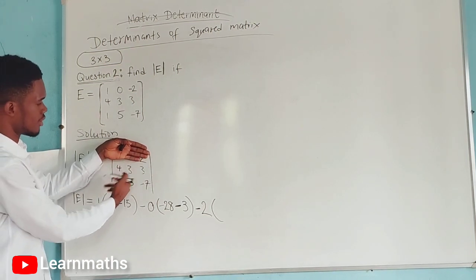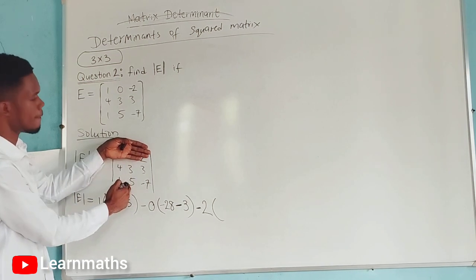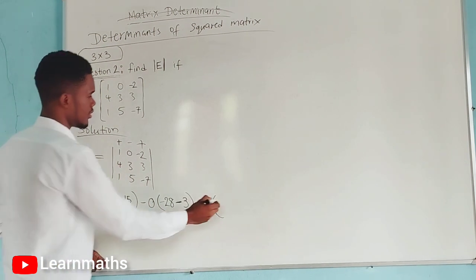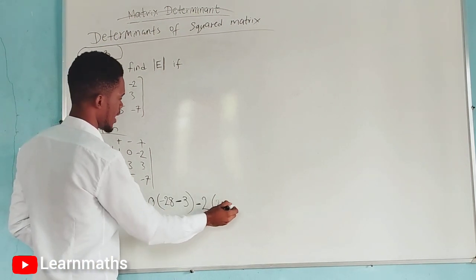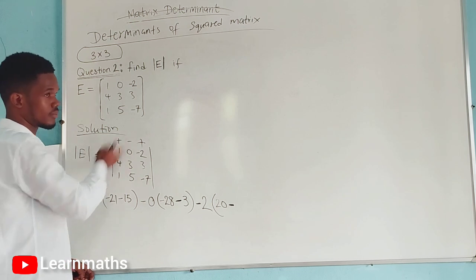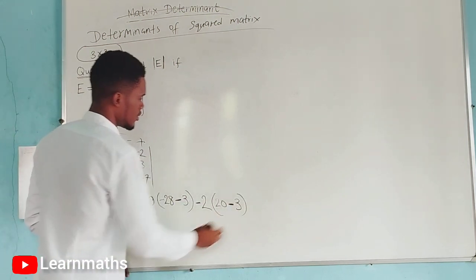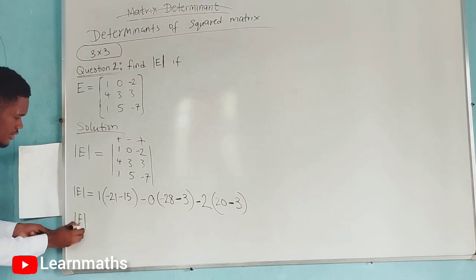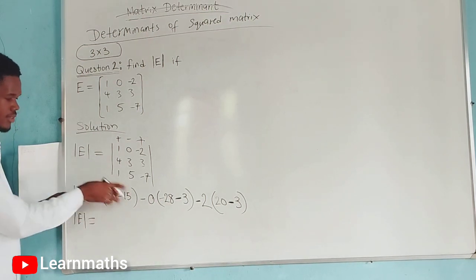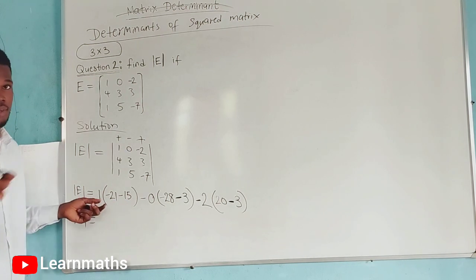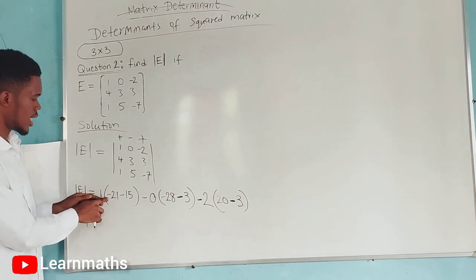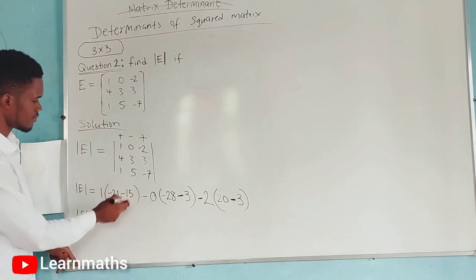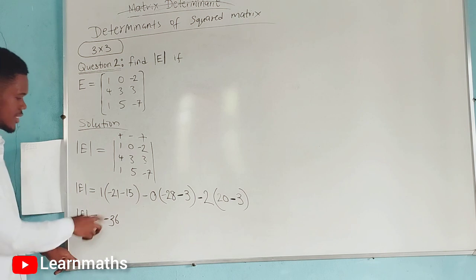So the determinant of 4, 3, 1, 5 is 4 times 5 minus 1 times 3. 4 times 5 is 20, minus 3 times 1, that's 3. So let's put everything together to finalize the determinant of E. This is 1 times what we're going to have in brackets: negative 21, negative 15, which results in negative 36.